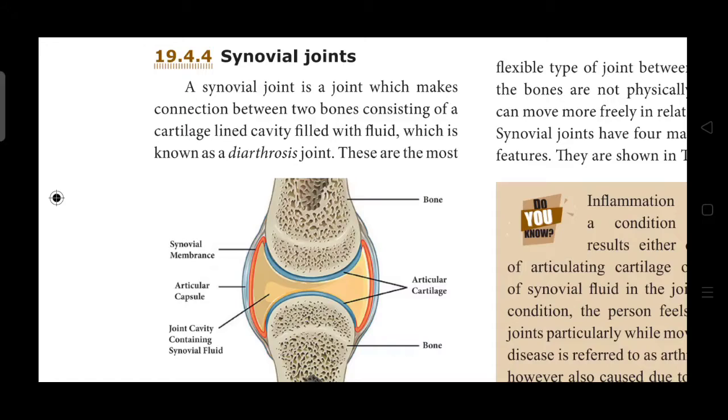The cartilage lining is present above the bone, so it is called the diarthrosis joint. The synovial joint is a movable joint, so it is also called the diarthrosis joint.